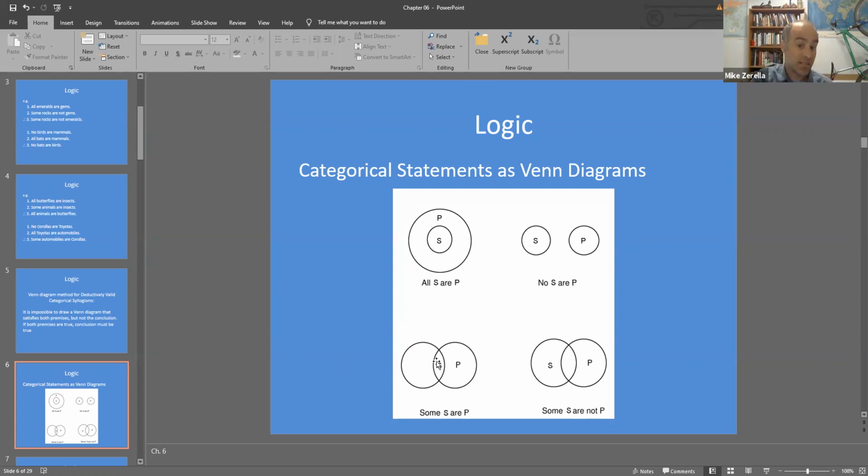That's at least some, or maybe even just one S, that belongs in the P circle. So some S's are P's. Over here, in terms of the circles, it's kind of the same thing, but I moved the S just to make it clear that this last one in the bottom right is showing that some S's are not P's. Some of the S circle is outside the P circle. Not all of it, but some of it is.